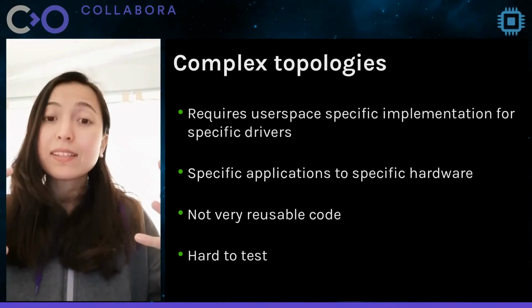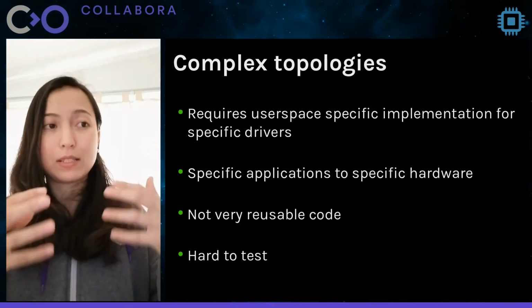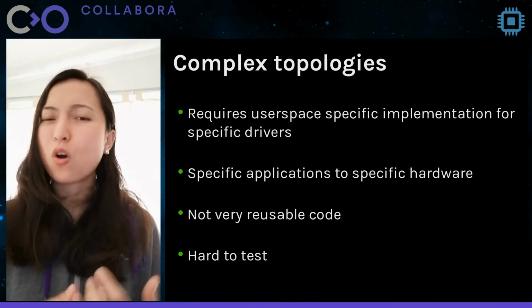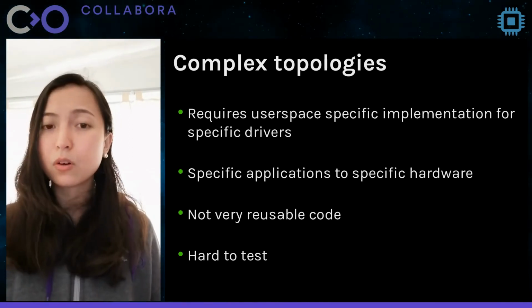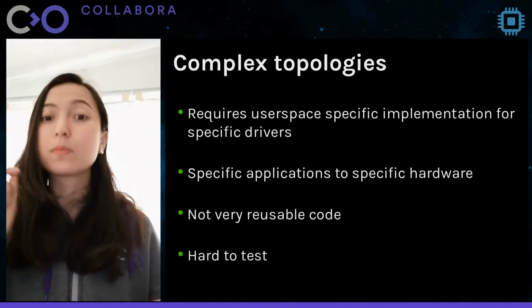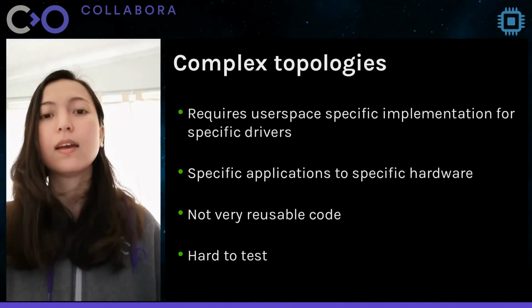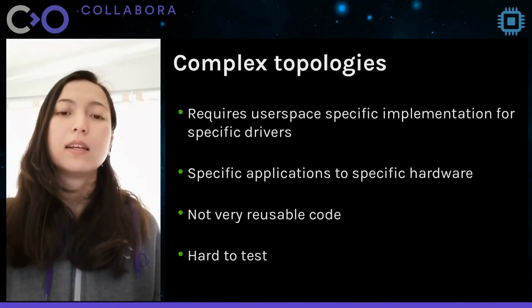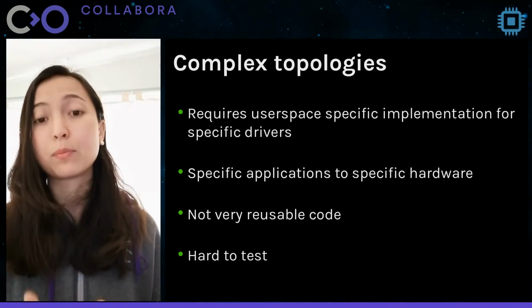So this means that we would have a specific application for a specific hardware, and the problem is that code is not very reusable. It is very hard to test since you need a specific implementation. You cannot get a generic application, and usually those applications are proprietary.